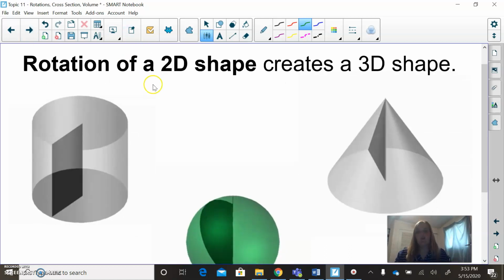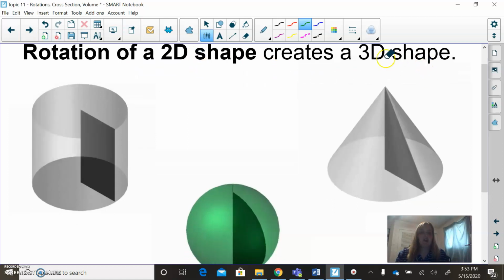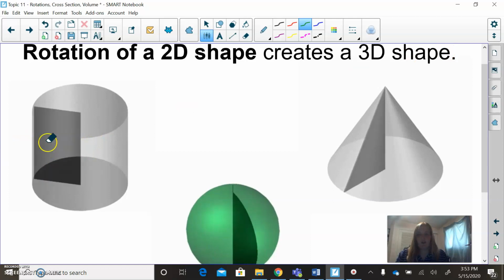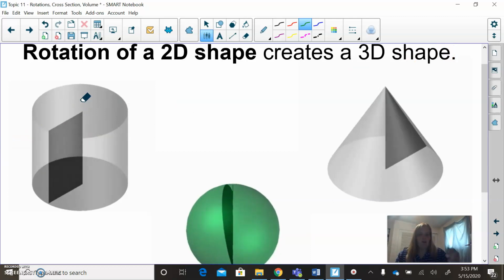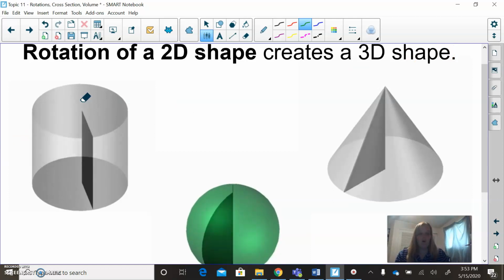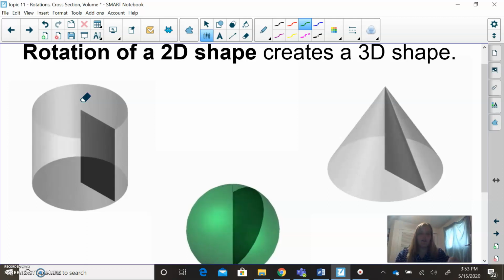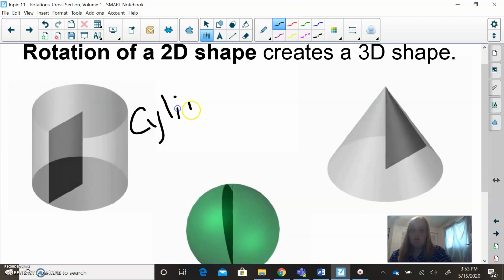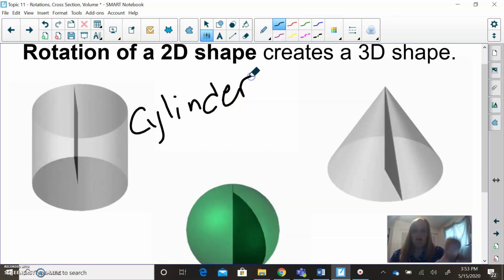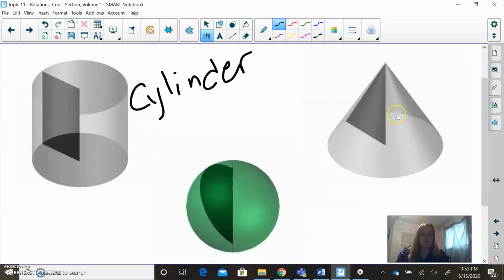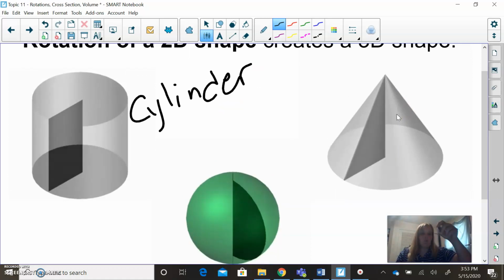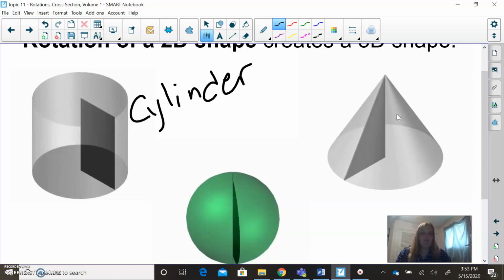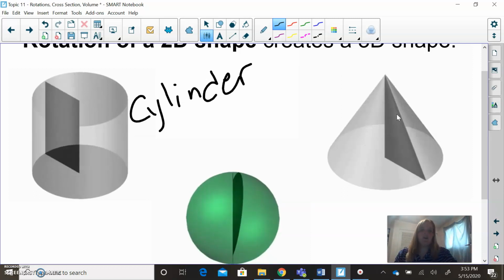All right. So rotation of a 2D shape creates a 3D shape. So here we take this rectangle and we're rotating it around a certain point, like a pole, all right? And it creates, this is called a cylinder. Now if we take a triangle and we rotate it around a pole, then that is called a cone.